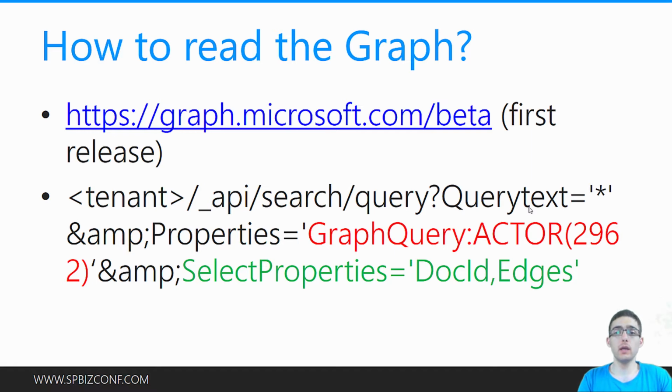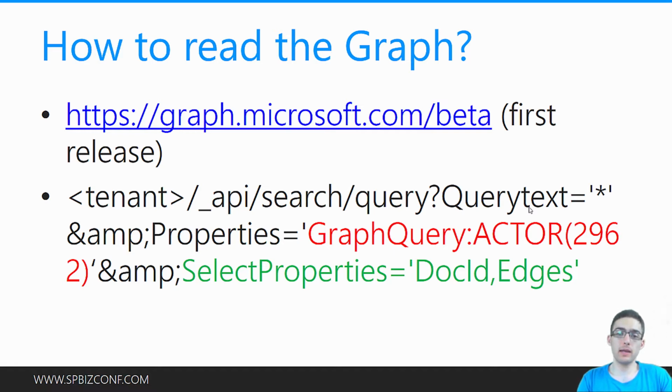So the main endpoint for the Microsoft Graph will be and will remain graph.microsoft.com. Currently, it's in beta on first release tenants as a preview feature. Another endpoint to express graph queries at a very low level is the search endpoint API for the SharePoint search index.